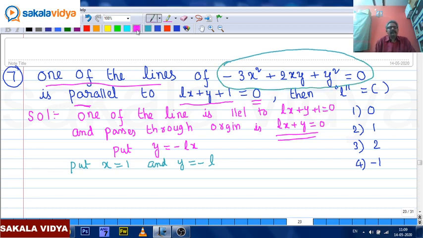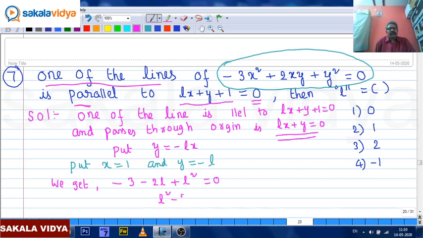So now by letting x is equal to 1 and y is equal to minus L, we get minus 3 minus 2L plus L square equal to 0. We get a quadratic equation.